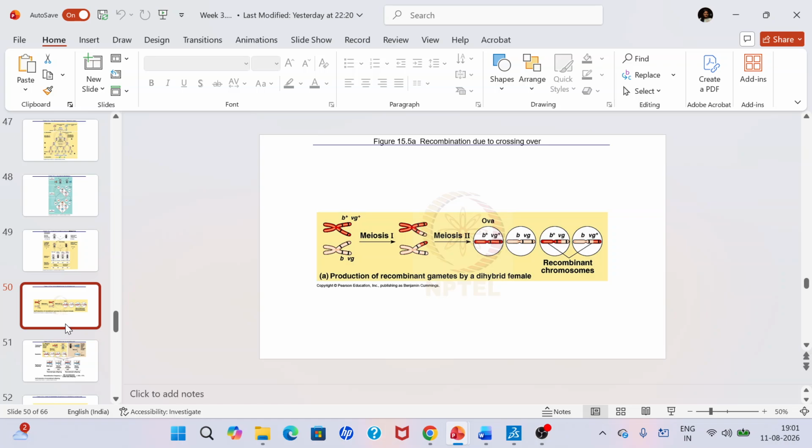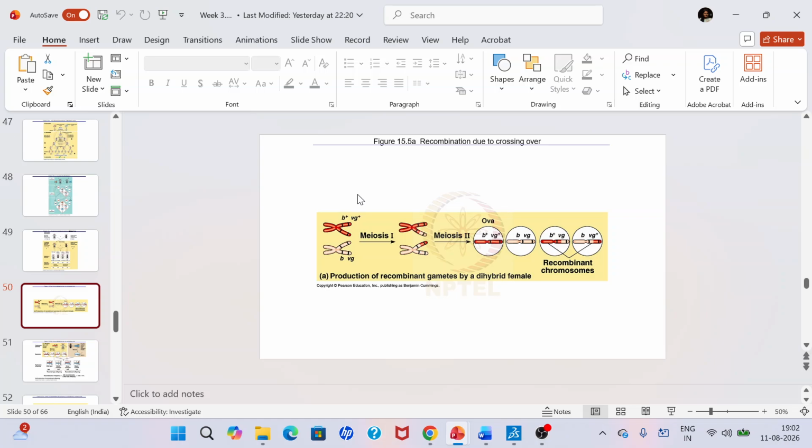How does this happen? In meiosis, if you know about meiosis, this is a type of cell division in which crossing over happens between the chromosomes, which can be an opposition of linked characters. Linked characters are those present on the same chromosome and very near to each other, so they generally travel together.